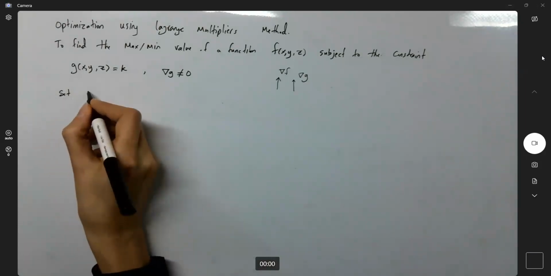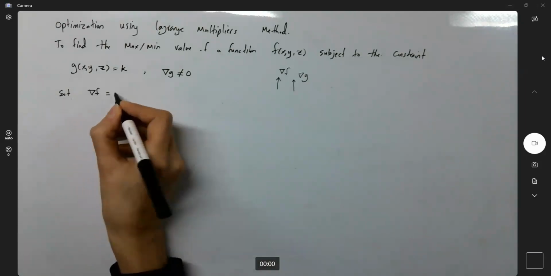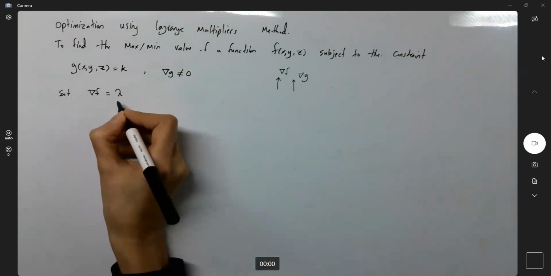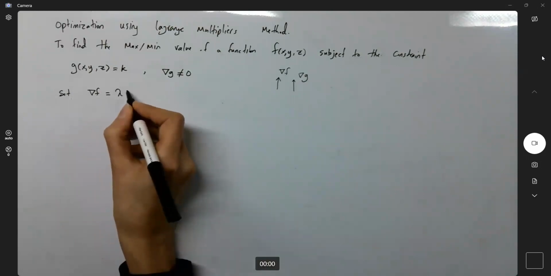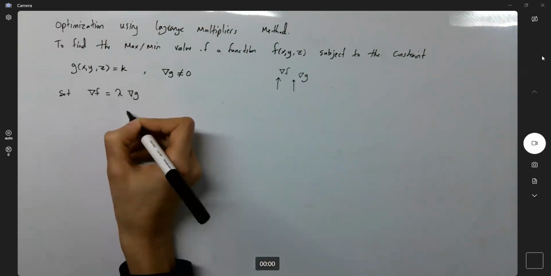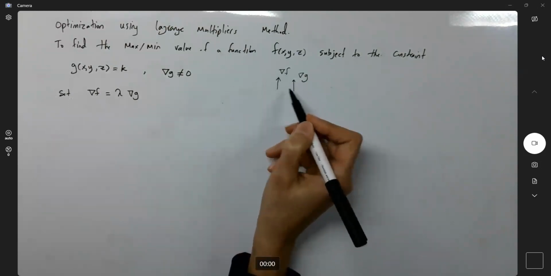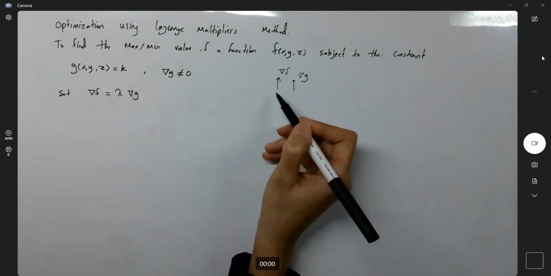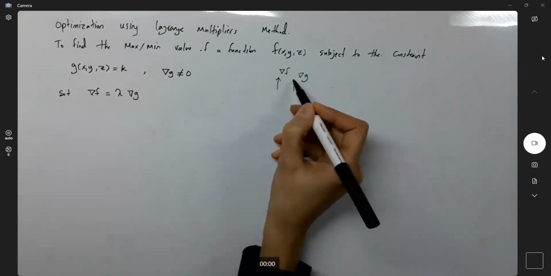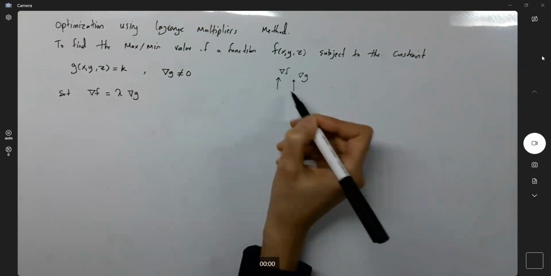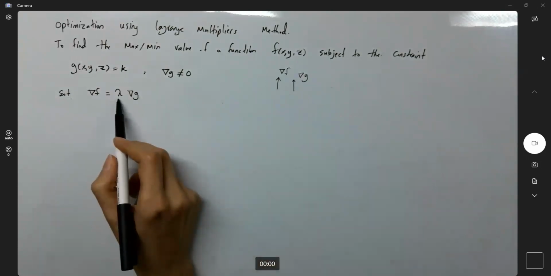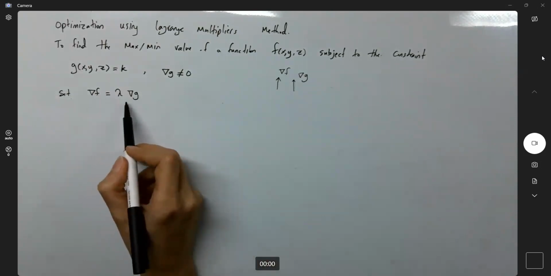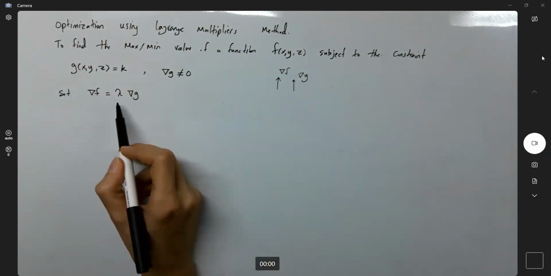Set the gradient of f equal to a Greek letter lambda times the gradient of g. So what are we trying to do? We're trying to find the values that make these two vectors parallel to each other. So we're using a numerical value like lambda that helps us to solve this problem.